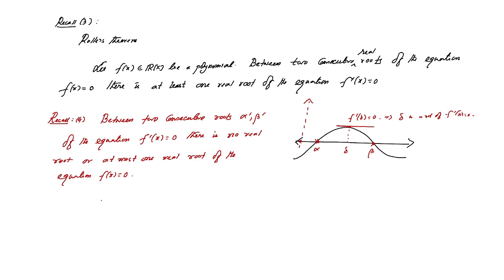And if a root exists, such a root must be simple, that means it occurs exactly one time.